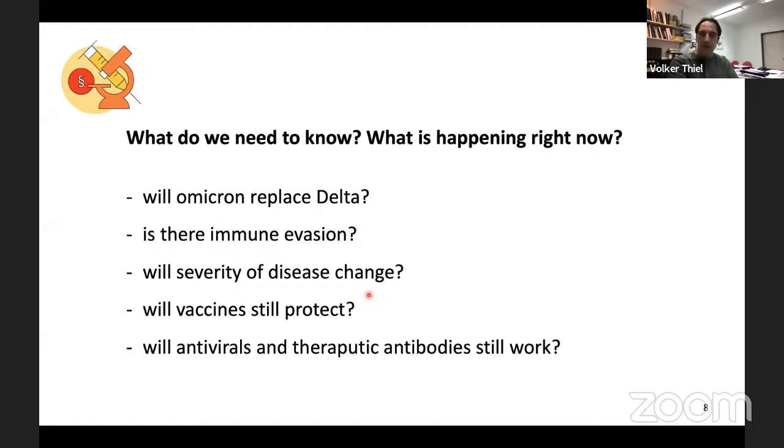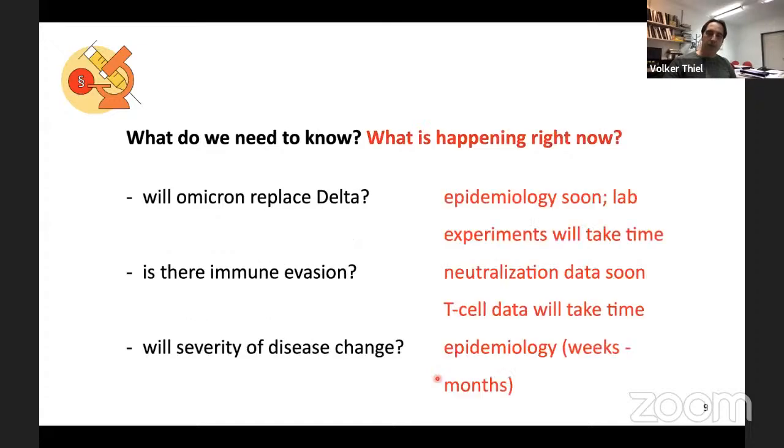So will antibodies still be functional against the Omicron spike? Then will severity of disease change? Is there mild or severe disease, or is there no change? Will vaccines still protect? So that is clearly linked to the question of immune evasion. And then finally, will antiviral drugs or therapeutic antibodies still work?